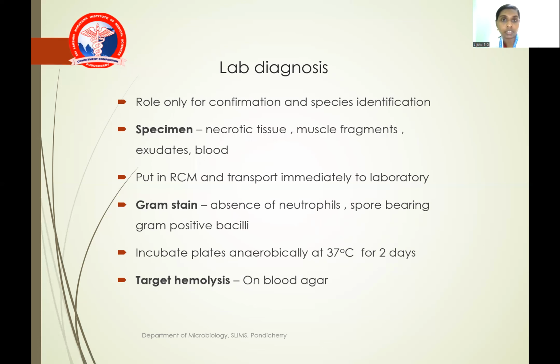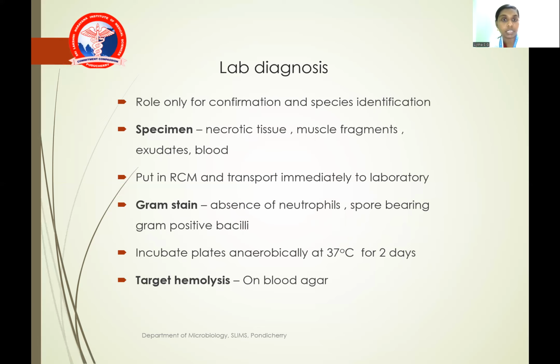Coming to the laboratory diagnosis of Clostridium perfringens. The laboratory diagnosis has a role only for confirmation and species identification. You shouldn't wait for the laboratory report to arrive. You should start the treatment immediately, upon clinical suspicion itself.